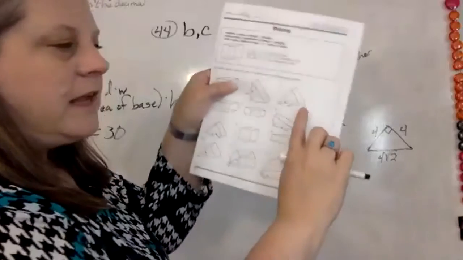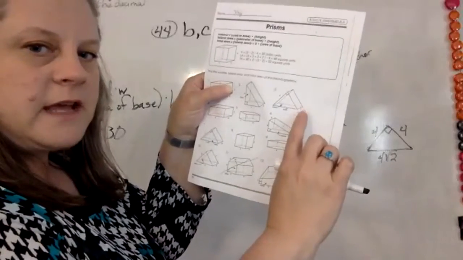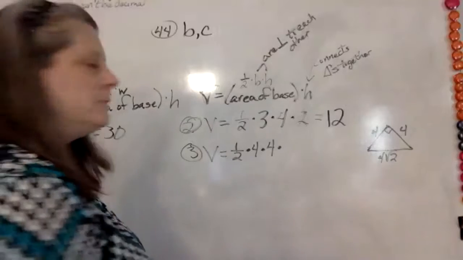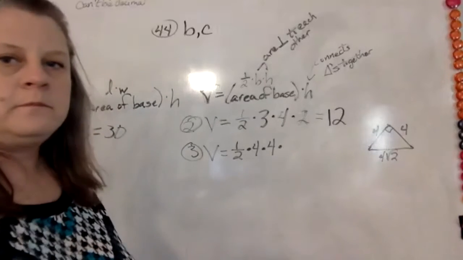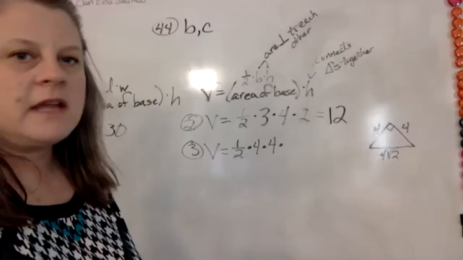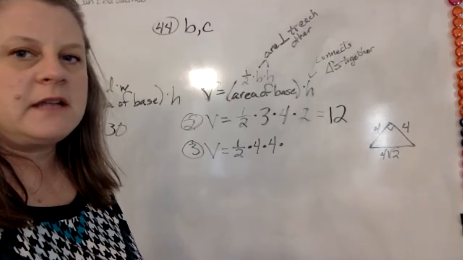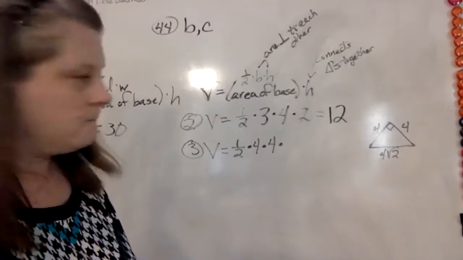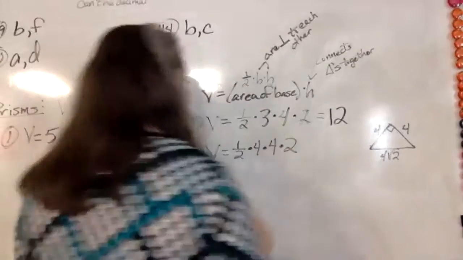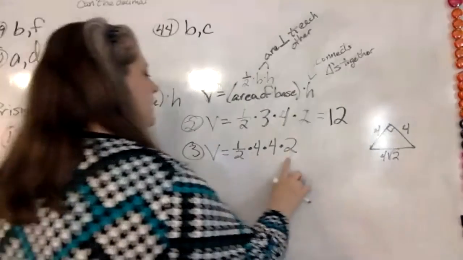What is the little length over here that connects the two triangles together? Looking at the worksheet, what's the measurement there connecting the two triangles together? 2. Okay, so you have 1/2 times 4 times 4 times 2.